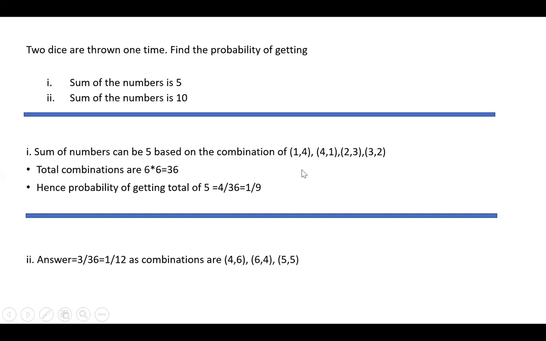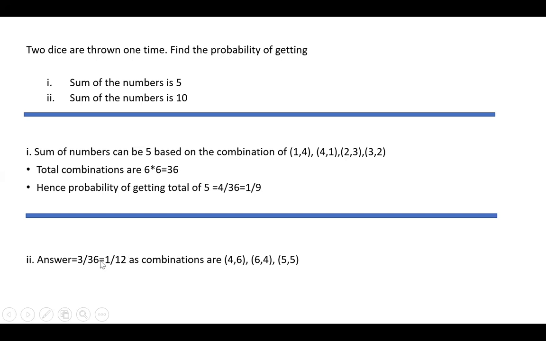So there are 4 different combinations. How many total combinations are there? Each is 6-sided and there are 2 of them. So 6 into 6 is 36. Out of 36 throws, you can get 4 to satisfy the condition. It's 4 by 36. The probability is 1 by 9.